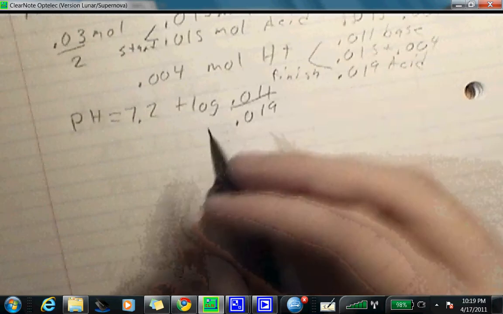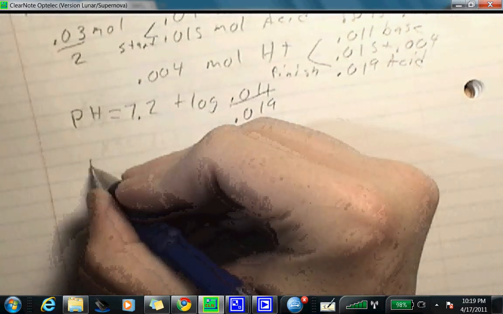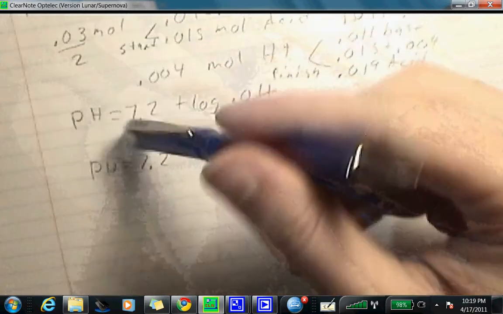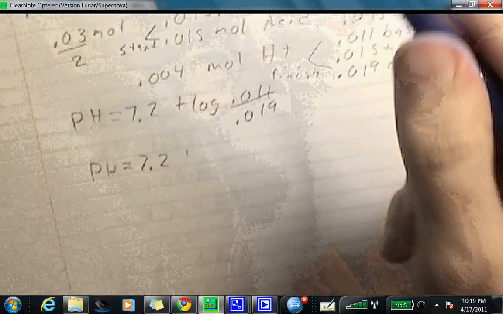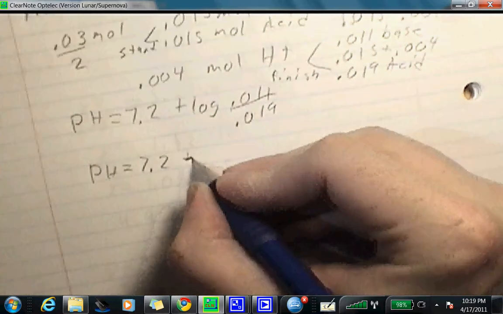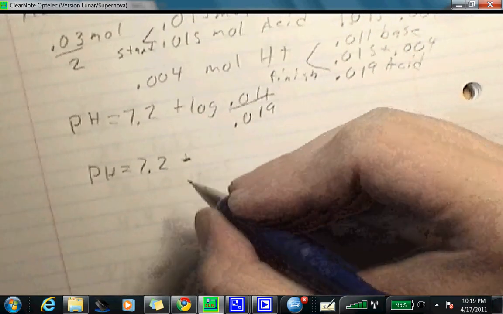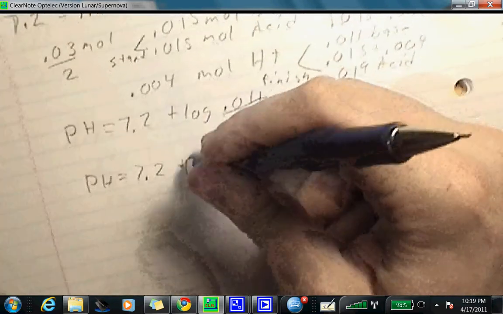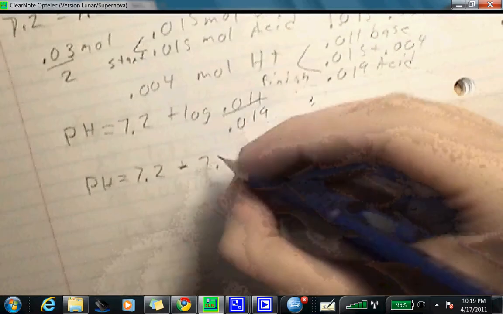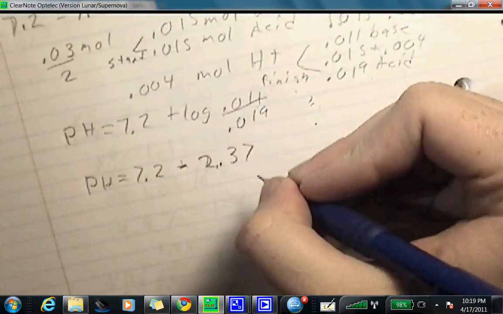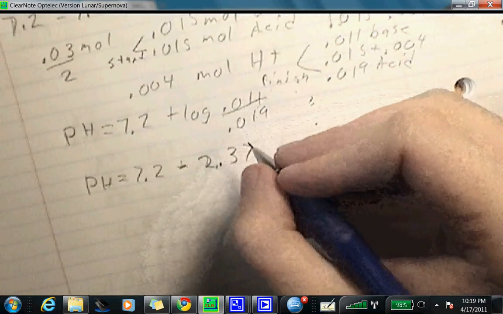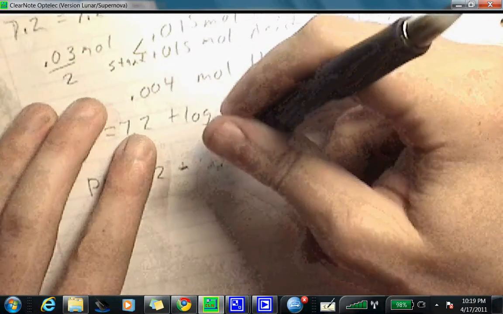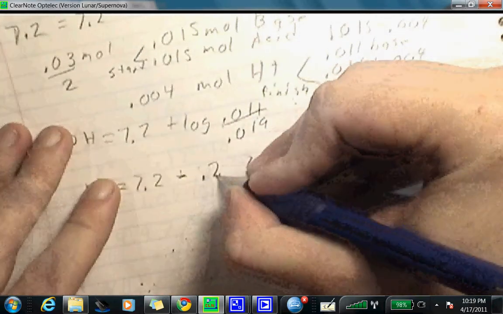So after this whole term right here is going to equal negative 0.237.